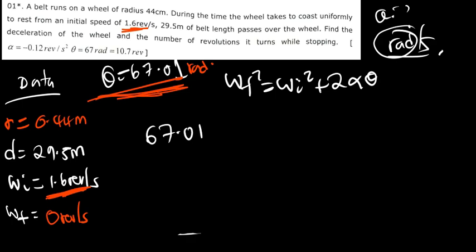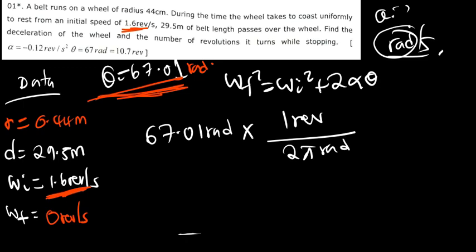The same 67.01, it is rad. Okay? And I'm trying to convert this into revolution. So it will be times, in one revolution, how many rad do we have? We have got 2 pi rad. So the rad and rad will cancel, and I will remain with 67.01 divided by 2 pi, which is going to give me 10.66, which I can just say 10.7.